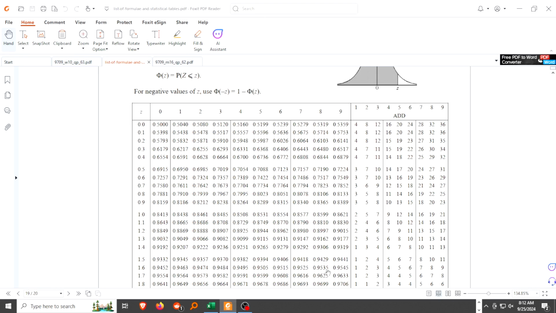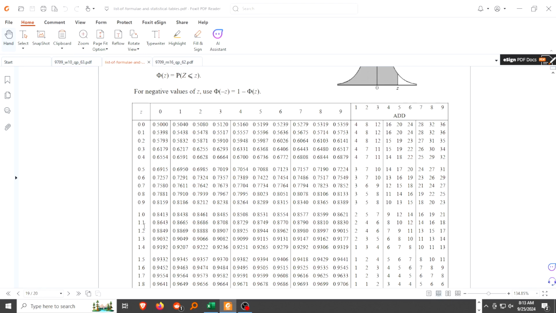We find it is close to, but this one has gone beyond. So we find a value here to add so that this is 0.95. We see that this is 0.9495 at 1.64.